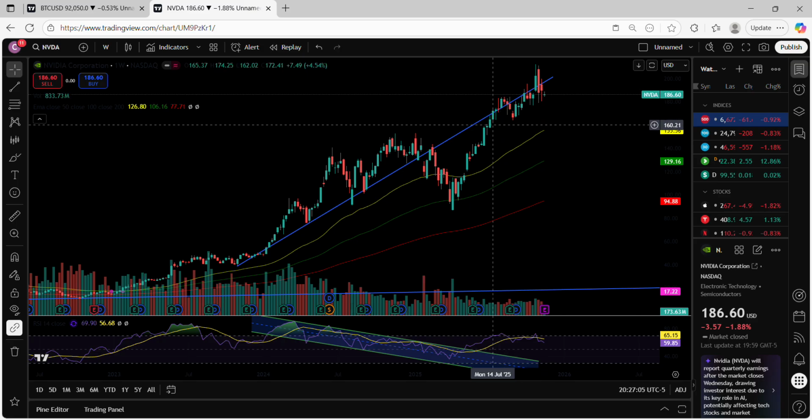That is what the people who are rooting for Bitcoin would like to see. If it looks like we're about to enter that bear market, we would love to see price action very similar to what we're seeing in Nvidia.